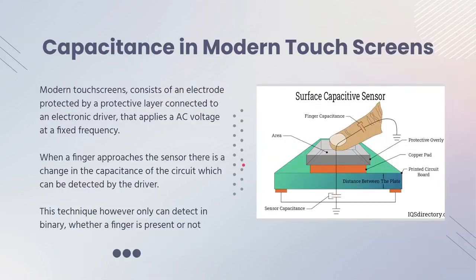So how does capacitance in modern touchscreens actually work? Modern touchscreens essentially consist of a copper pad, which is an electrode over here, protected by a protective overlay, which insulates it from the outside world, and this copper pad is directly connected to a sensor, which is responsible for exciting it by providing a fixed frequency signal and also sensing if there's any feedback from the copper pad.